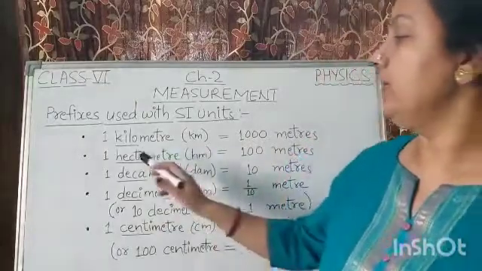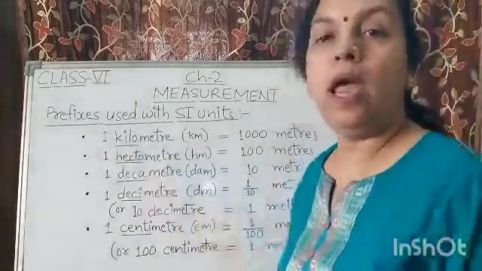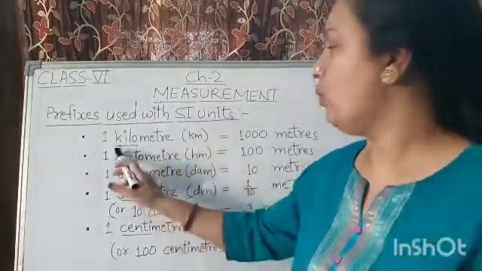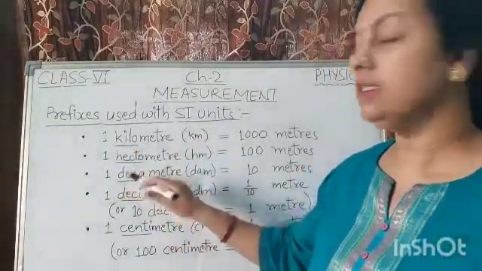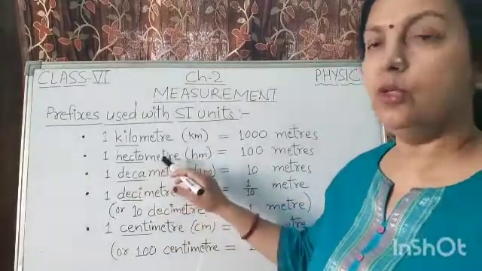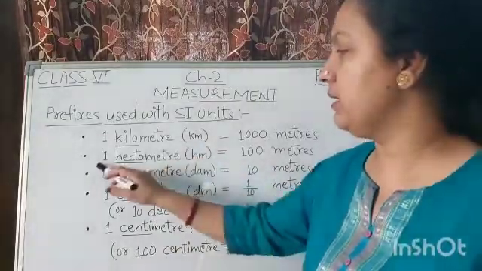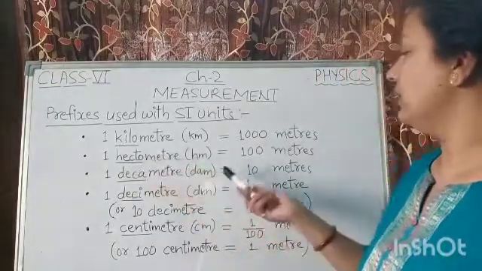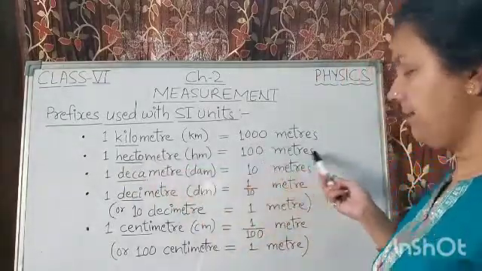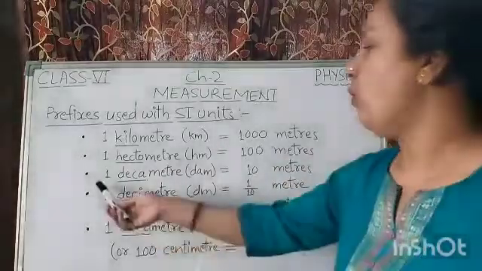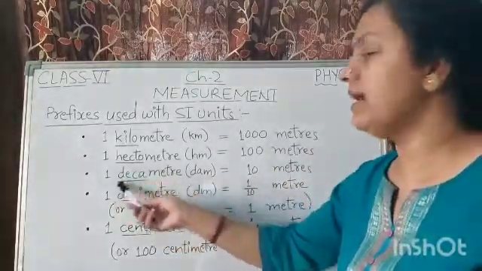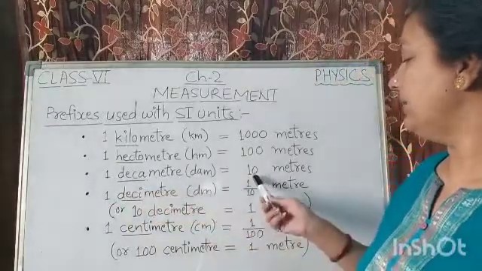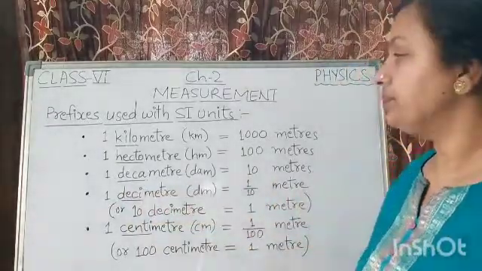Again, if we see hecto, hecto means 100. So if we write this before the unit of length, that is meter, it becomes 1 hectometer, and 1 hectometer is equal to 100 meters. Similarly, 1 decameter, deca is 10, so 1 decameter is equal to 10 meters. Clear?